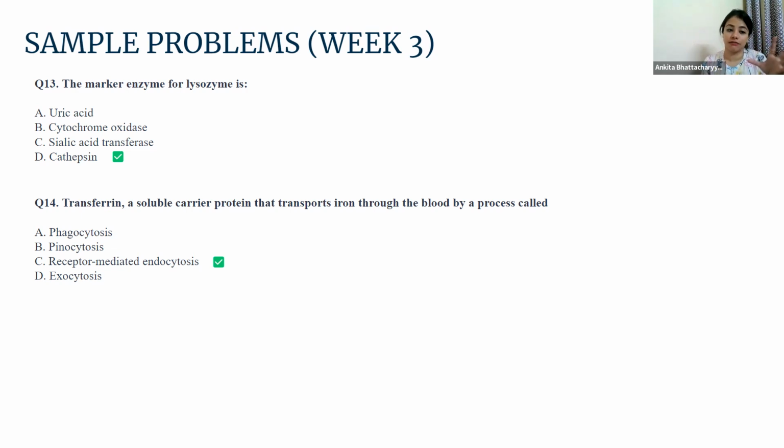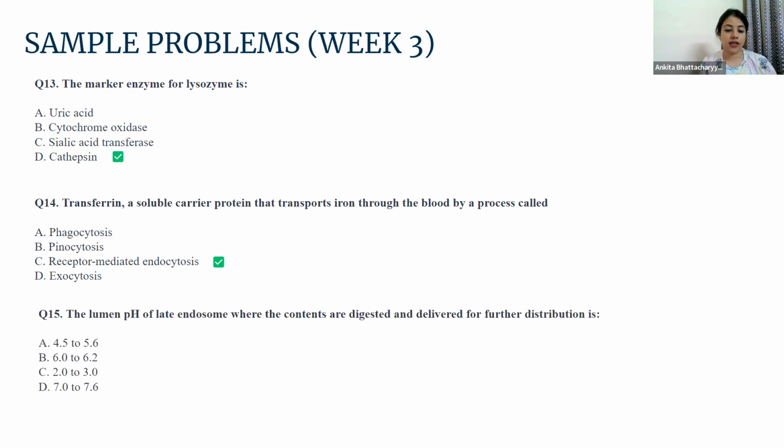So that is transferrin, which is acting like a receptor, and it is endocytosing, or taking up iron into the cell, and therefore the process would be receptor mediated endocytosis. So that's the answer.